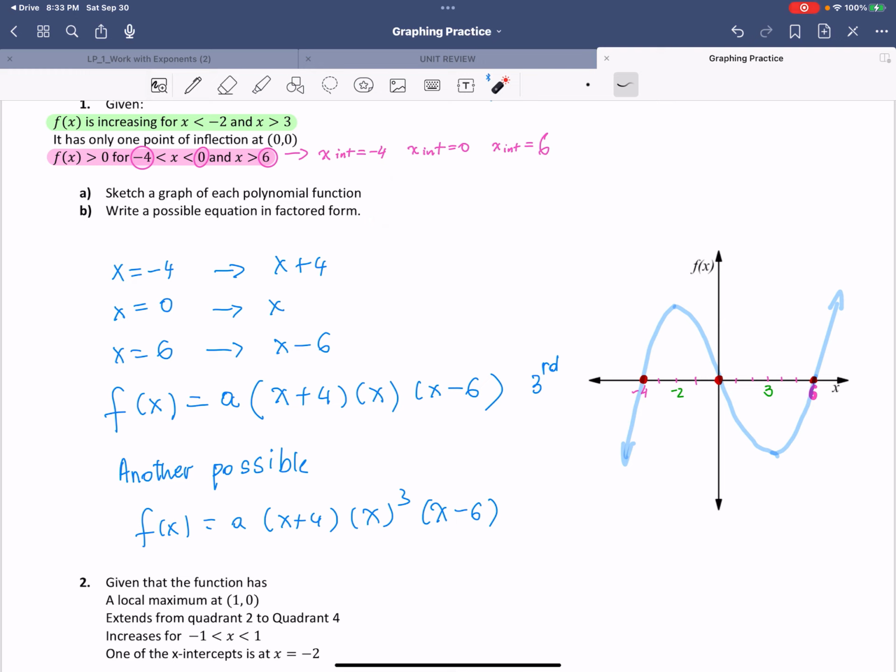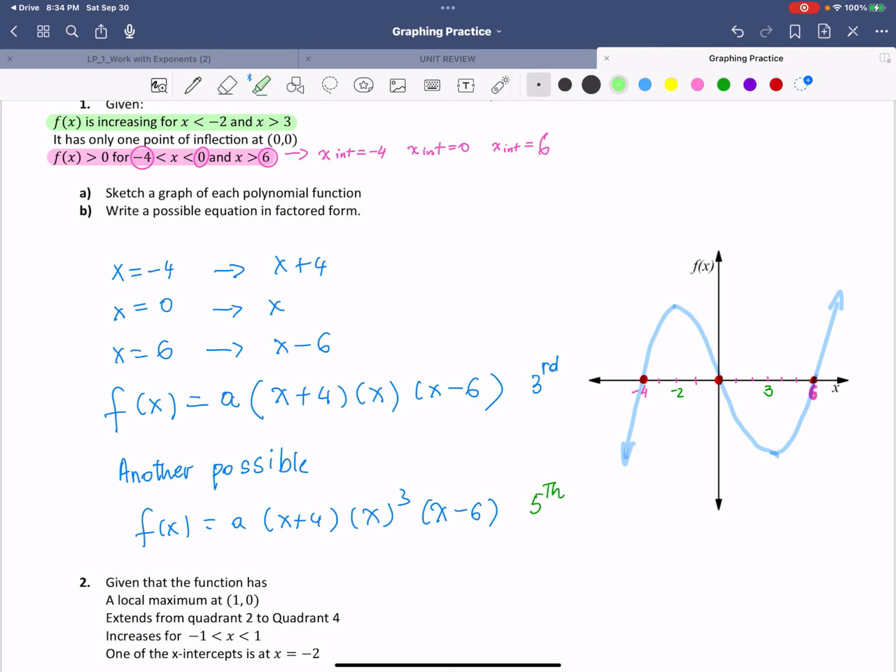When you look at this question, obviously we have answered both questions asked here, but if you were asked to determine what would be a possible sign of the coefficient a, then you would think that since this is an odd degree polynomial function, this is a third, but even if we chose to give x the power of 3 and make this an inflection point, that would be again an odd degree polynomial function. It would be a fifth degree polynomial. And you know what?